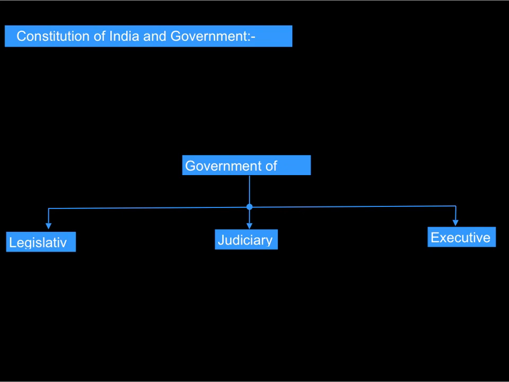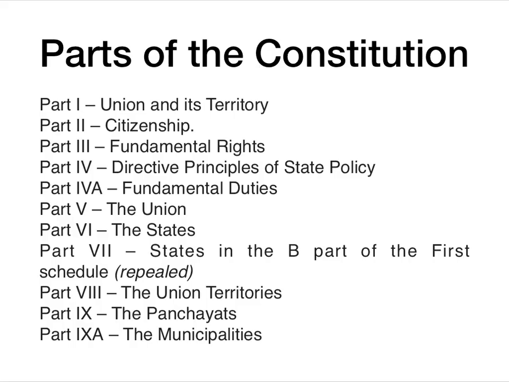The Supreme Court of India consists of a Chief Justice and 30 associate judges. The executive includes the President of India, Vice President, Cabinet, executive departments and agencies. The Constitution was enacted by the Constituent Assembly on the 26th of November 1949 and came into effect on the 26th of January 1950.